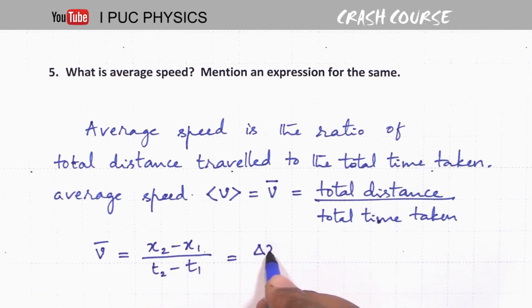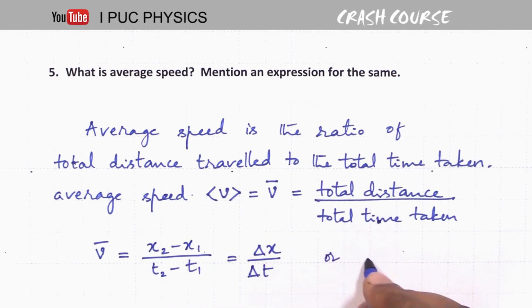So delta x by delta t, or V average equal to delta r by delta t. You can write any one of these.